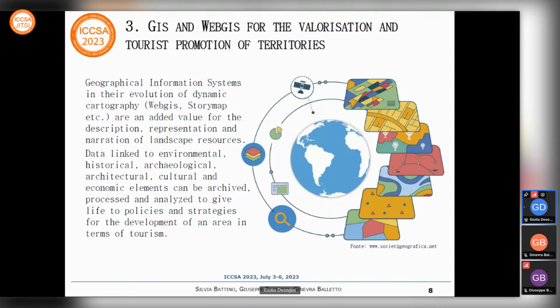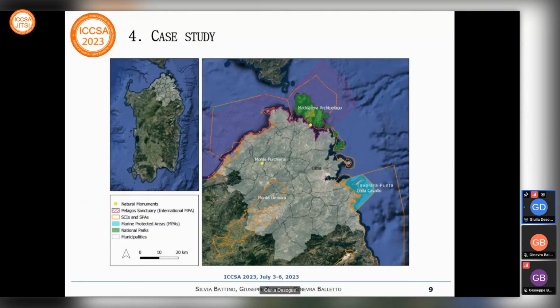So in our case, these issues were explored in the context of the Sardinia region. We talk about an Italian island in the center of the Mediterranean that attracts many tourists every year, especially interested to experience a beach vacation. In particular, we focus on the Northeast region, where there are two areas of important natural value.